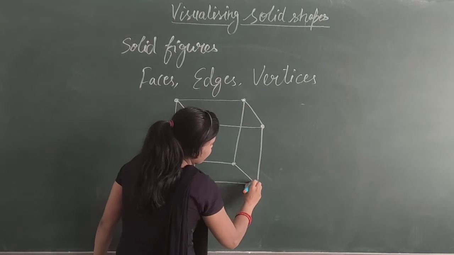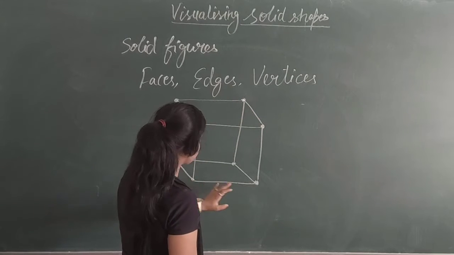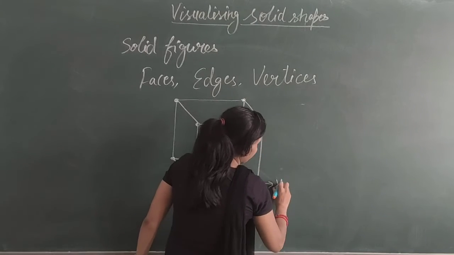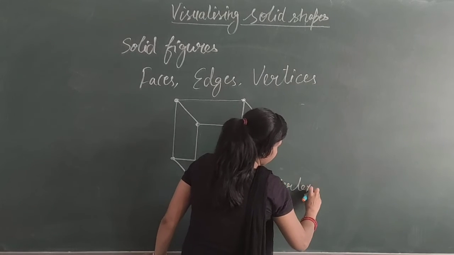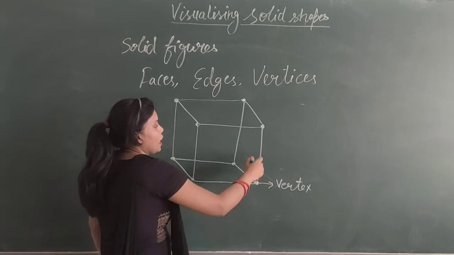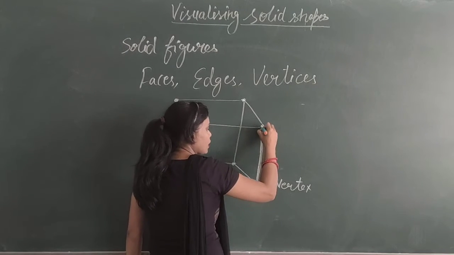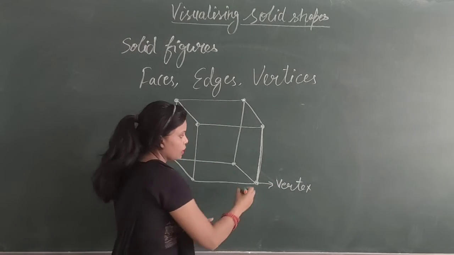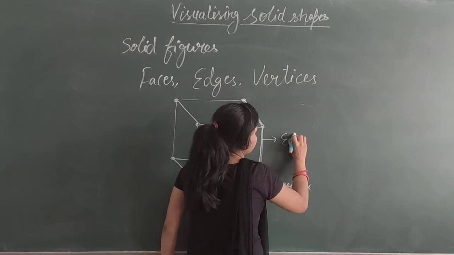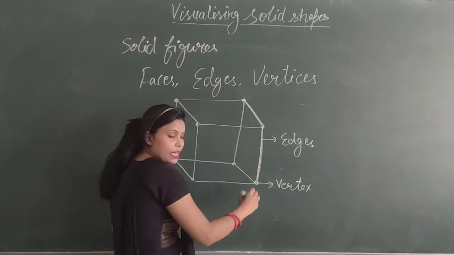Okay, so this figure has 8 vertices. 1, 2, 3, 4, 5, 6, 7, 8. Okay, so these are vertices. Now edges. These segments which join the shape are known as edges.